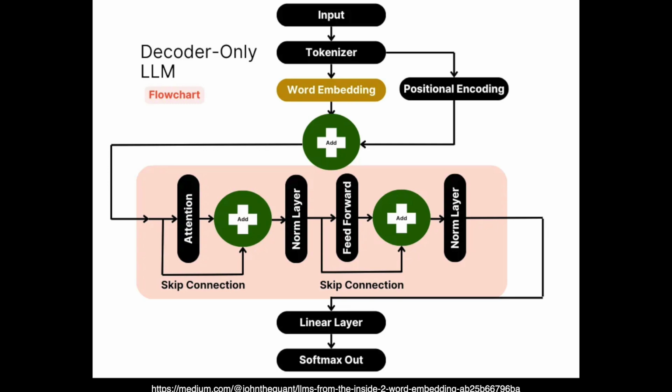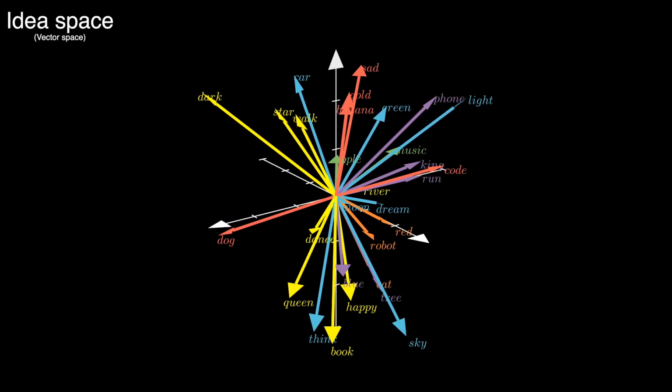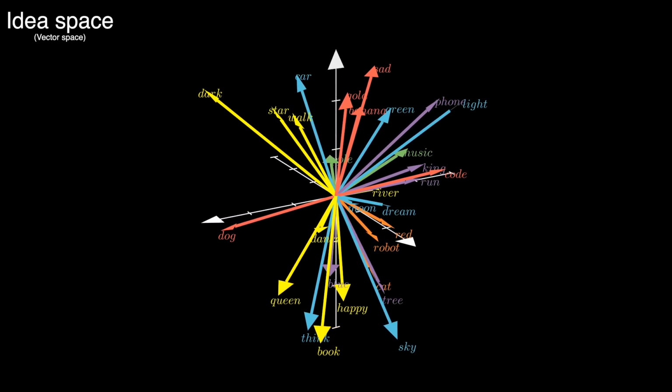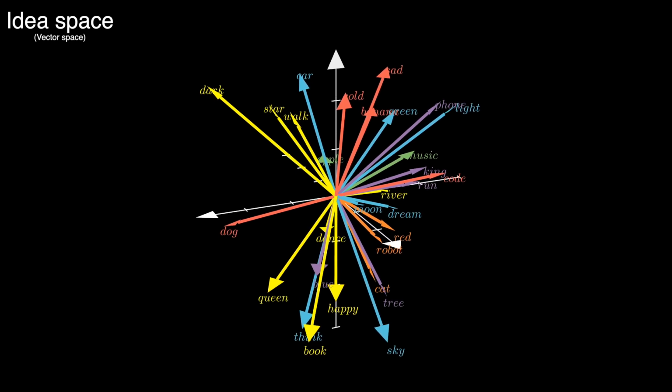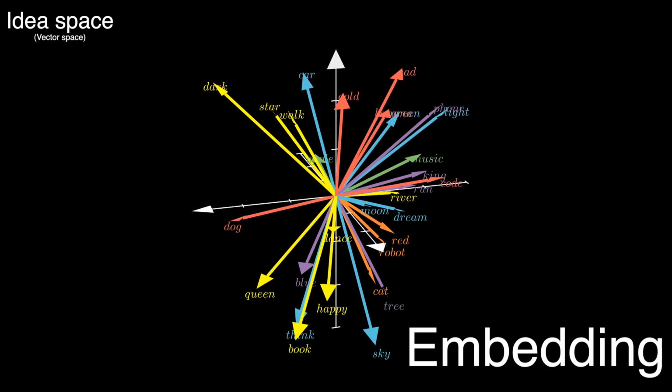I think a good place to start is with an embedding, which is a fundamental piece of a language model that you can think of kind of like a dictionary. An embedding is what gives all of the words meaning to a language model, except instead of a regular dictionary that would use words to define words, an embedding uses space and the relative positioning of words in that space to define words.